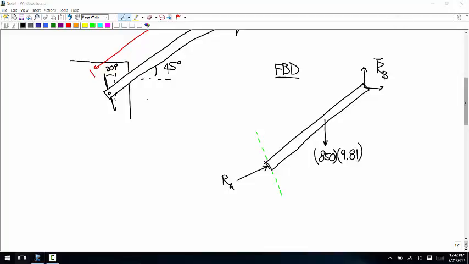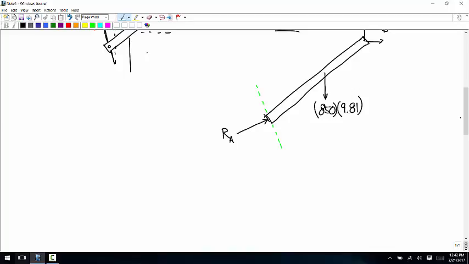So I'm not going to go through the calculation, but this force here, the way to represent that is, if this is the coordinate system, say that this vector is parallel to the slot.